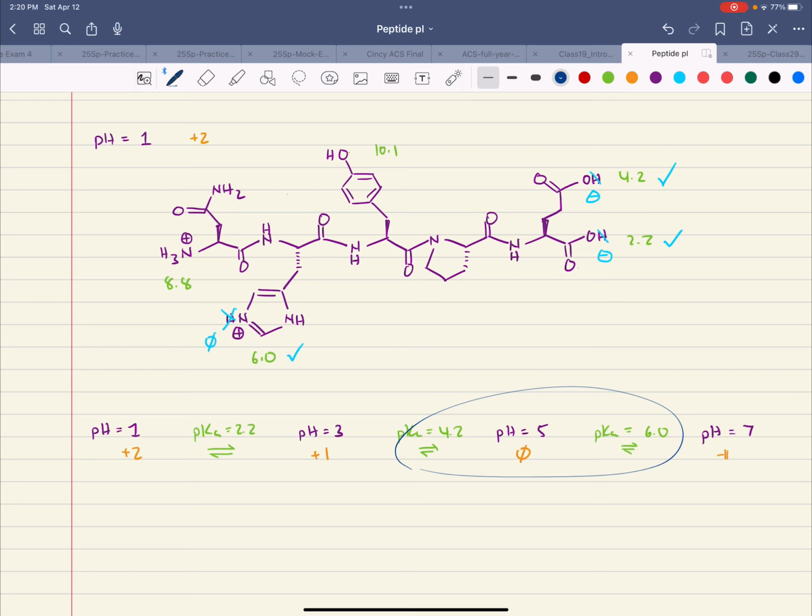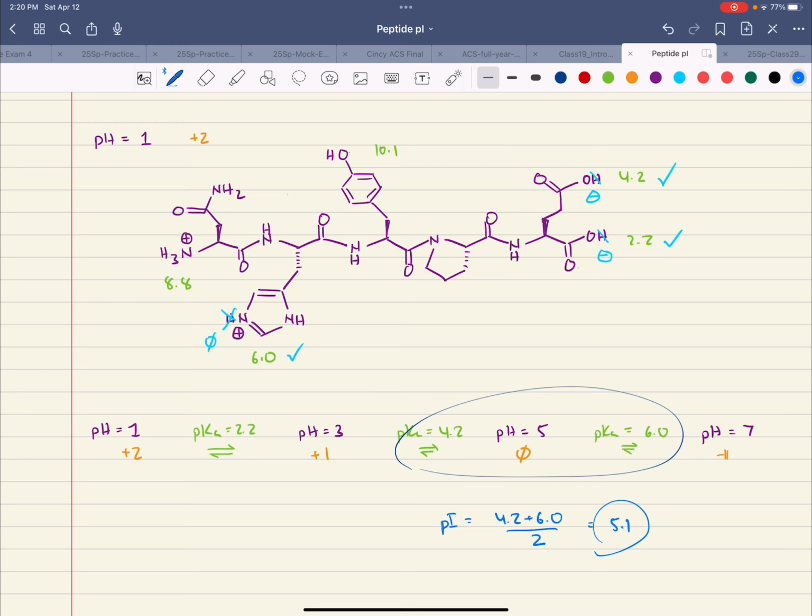There's a range. Anyway, the PI equals 4.2 plus 6.0 divided by 2. So that's 10.2, divided by 2, that would be 5.1. That is the pH where the most chains are net neutral. We call that the PI.